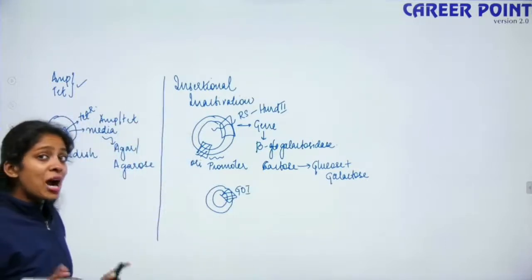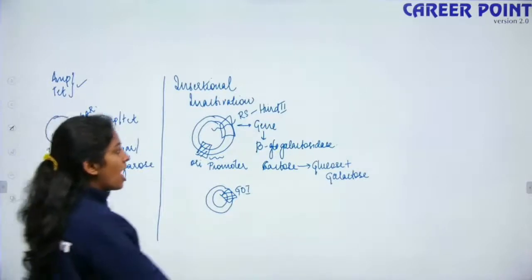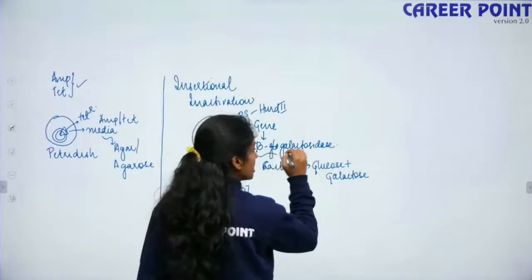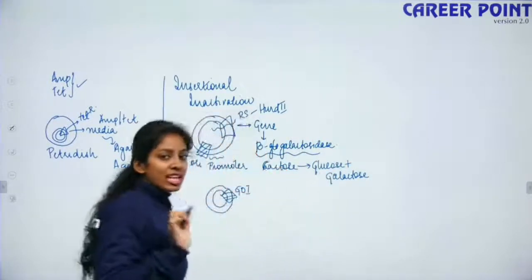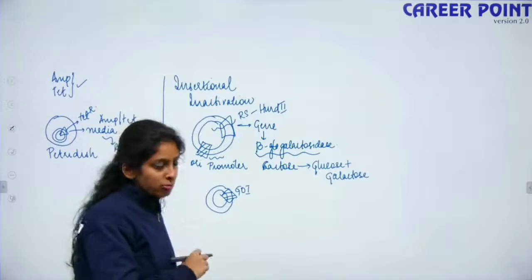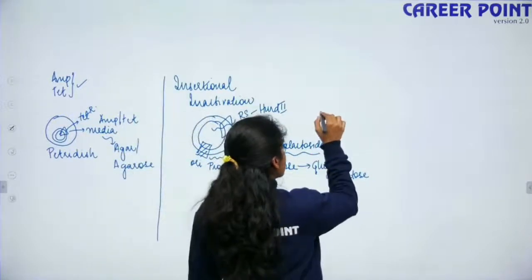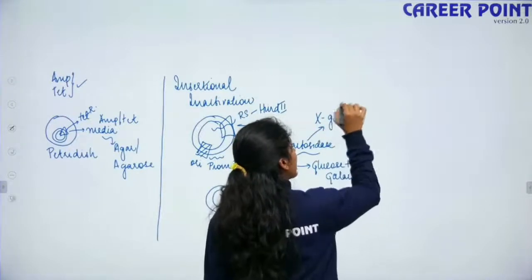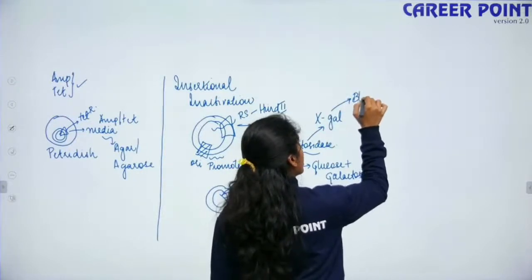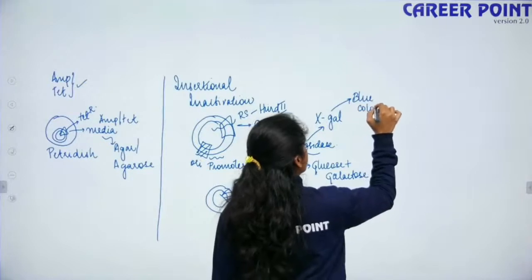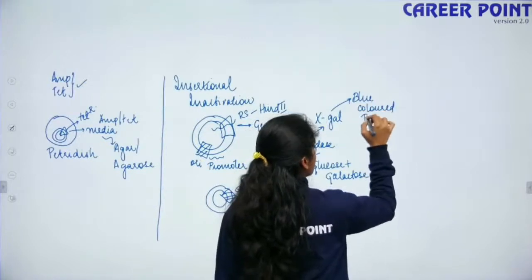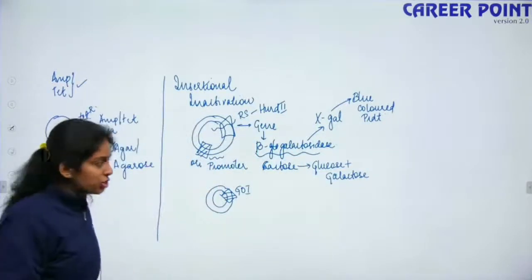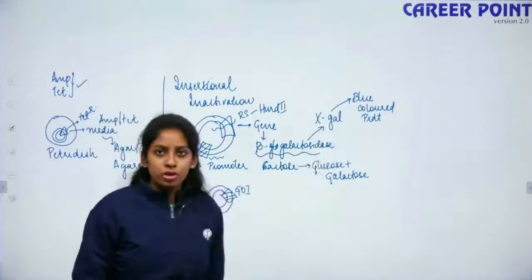But now how do I cross verify? Even if I give lactose, I will not know whether beta-galactosidase is breaking it down into glucose or galactose, because again it is not visible. But when I give a substance called X-gal, beta-galactosidase will break X-gal to give me a blue colored product. So now to cross verify my ligation, I will give X-gal from top.